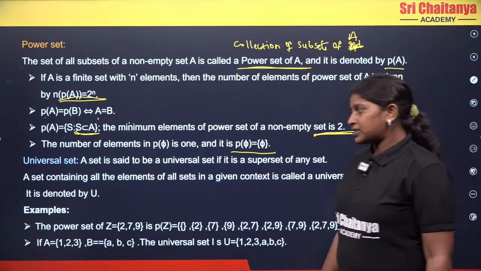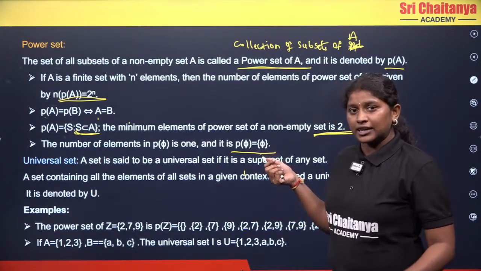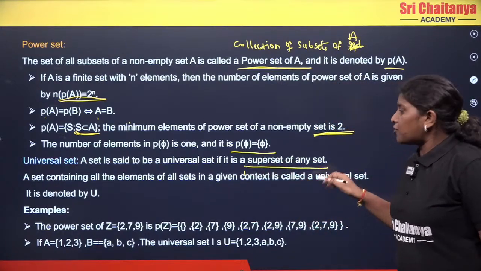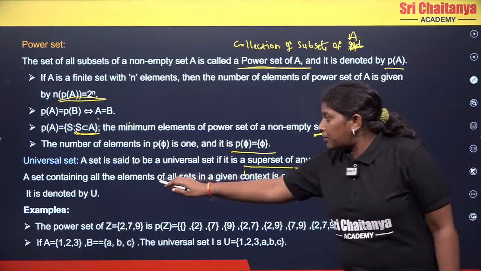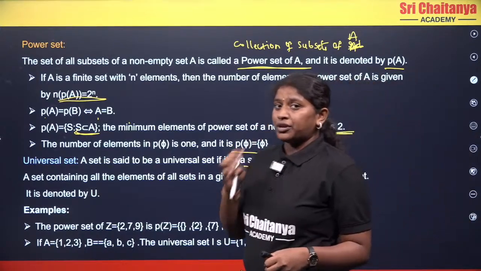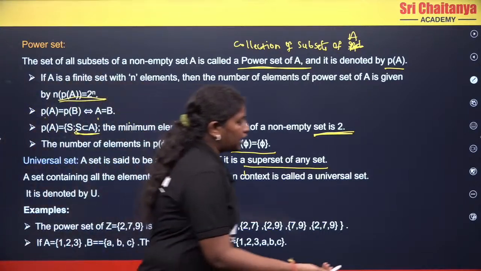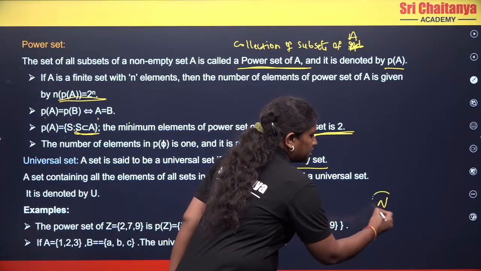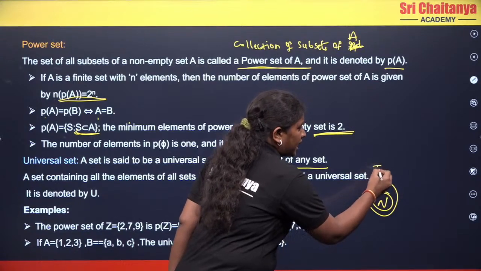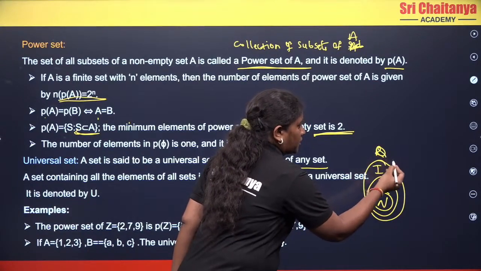Now coming to the universal set. A set is considered to be the universal set if it is the set of all the sets, a superset of any set in question, or consisting of the elements of the sets given in the context. That means if we are having natural numbers, we can take the help of the number family only. Natural numbers, and then whole numbers, integers and rational numbers.